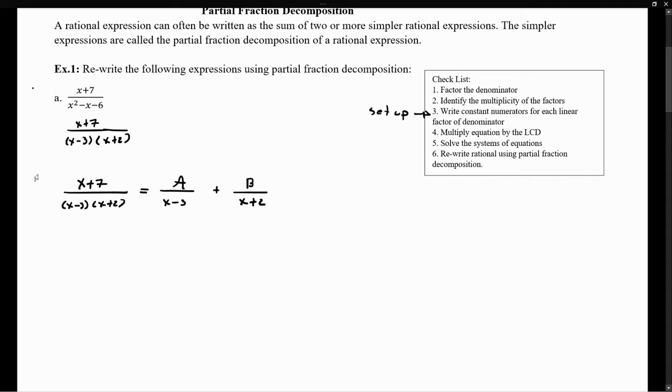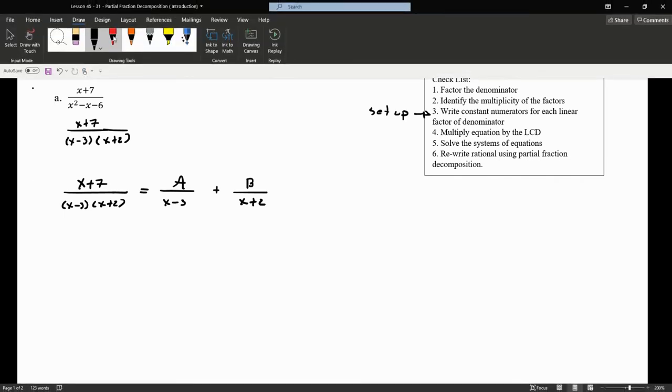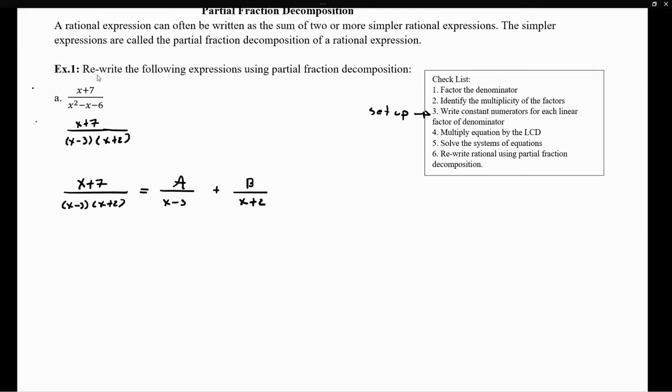Well, let's take a look at step number 4. So now that we have the setup, we want to multiply the equation by the LCD. So what is the LCD? Most of the time, the LCD is just going to be the denominator of the original rational expression, which in this case is x minus 3 times x plus 2.